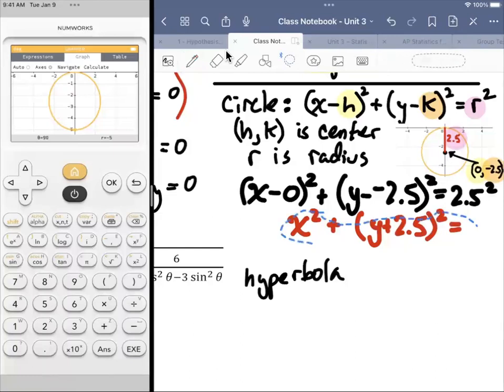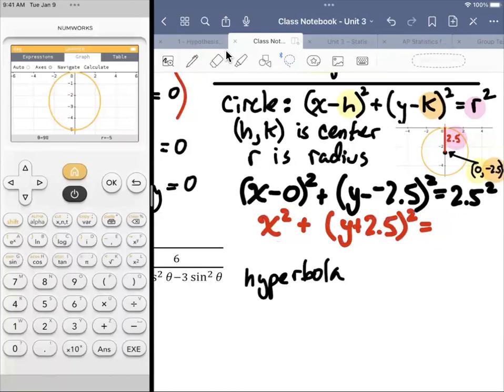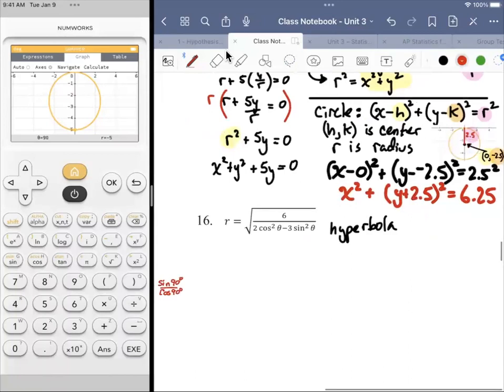I think it's 6.25, or you could just leave it as 2.5 squared. I mean, that's not the point of this. I'll write 6.25. All right, so this is what this would become if we completed the square. But the good thing is we don't have to complete the square if we know a little bit about the graph, right?